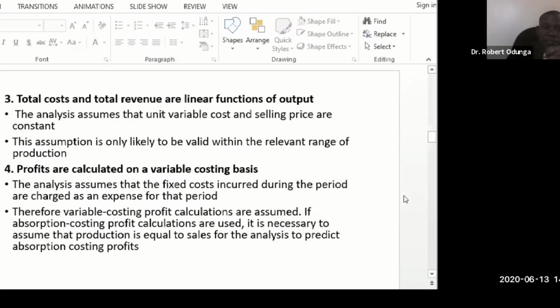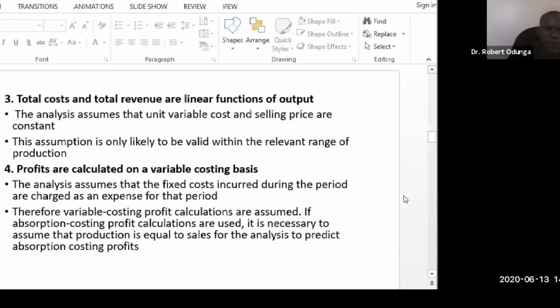This assumption is only likely to be valid within a relevant range of production. So the relevant range of production, which is most likely the short run range, and not a long-term range.